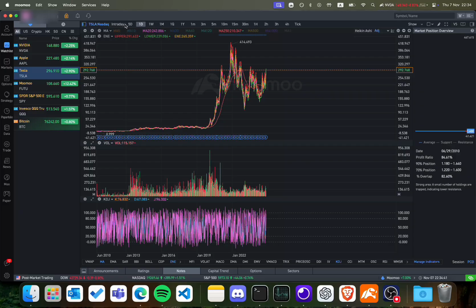So naturally, Tesla will benefit. If you look at the chart, we have K, D, and J. J is in pink. KD is a mess. I think for some reason this charting software is not doing too great.